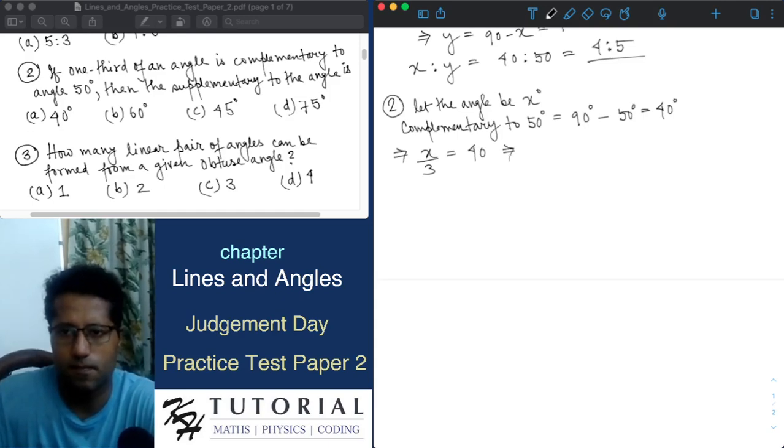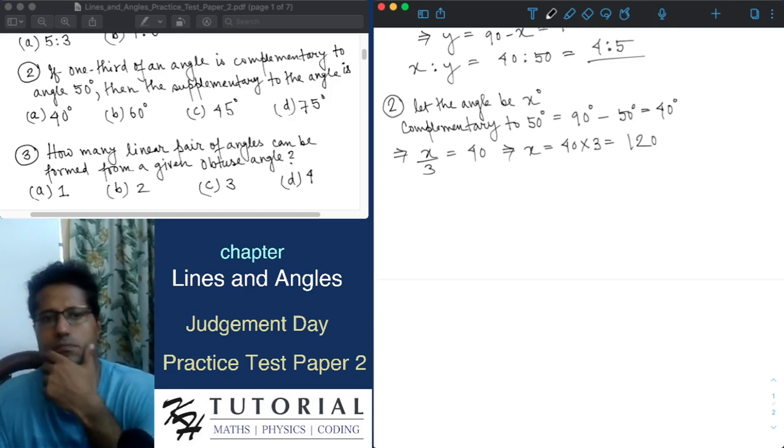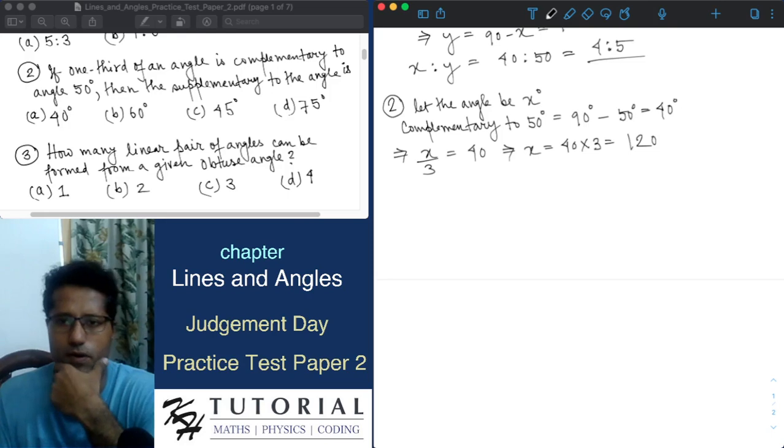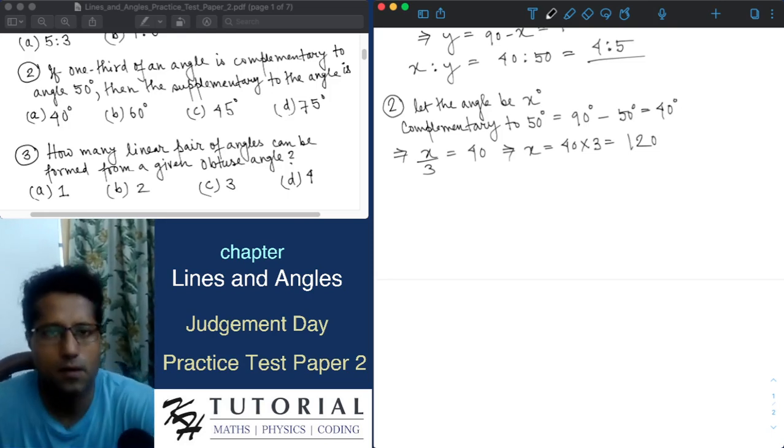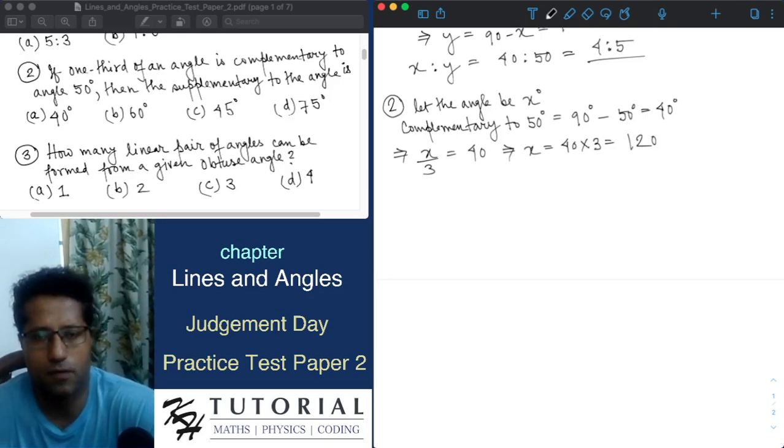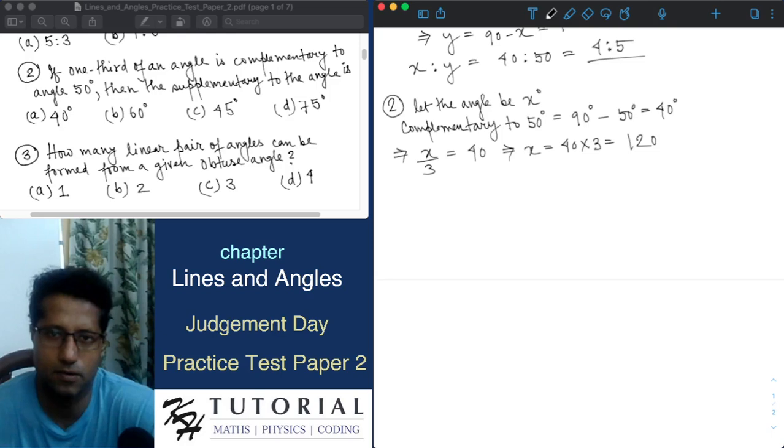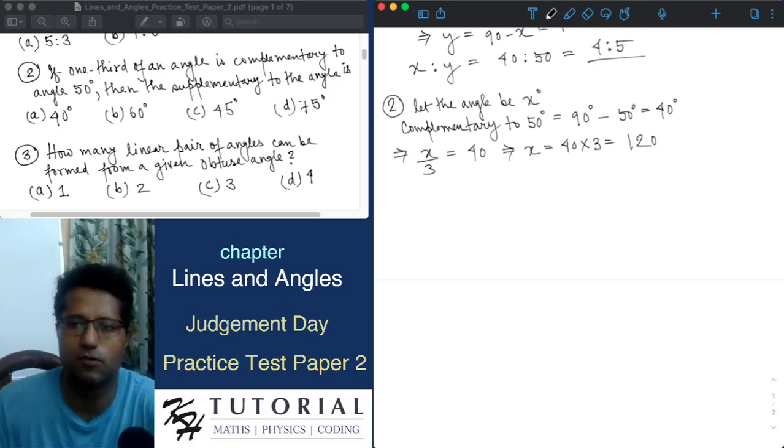This implies x equals 40 into 3, that is 120, and there is no choice for 120. Let me see. If 1/3 of an angle is complementary to angle 50, then the supplementary to the angle is, okay.